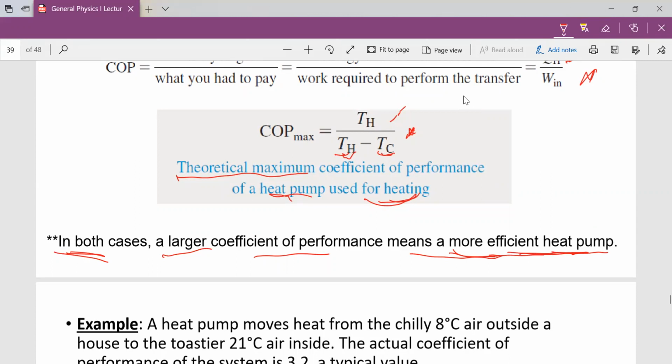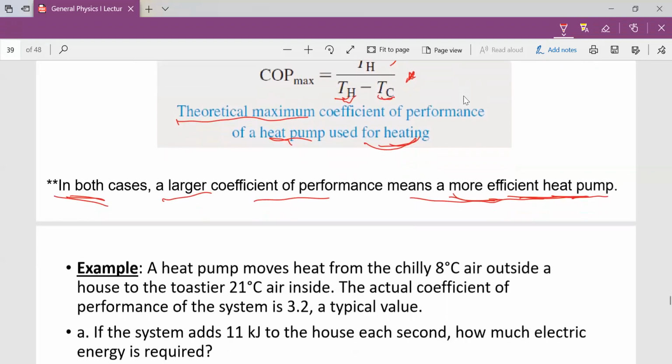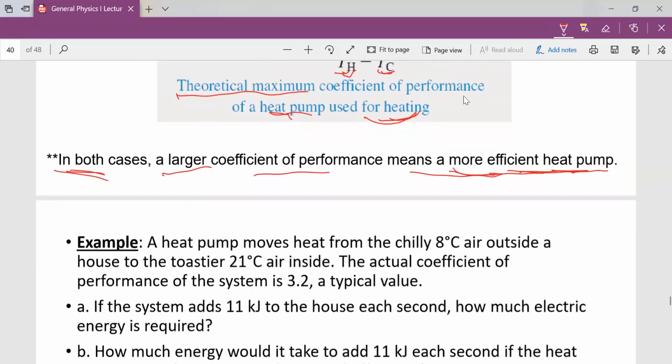It simply means the efficiency of the heat pump, but in this case, we're not using the word efficiency, we are quantifying the coefficient of performance. And efficiency is actually also the quantification of performance of engines or machines. Okay, so it's just the terminology that is different, but they mean the same thing.